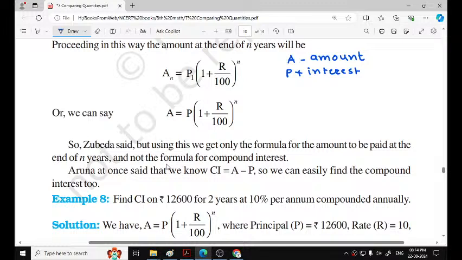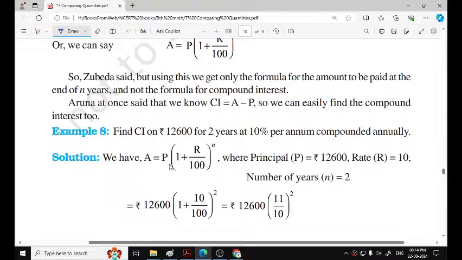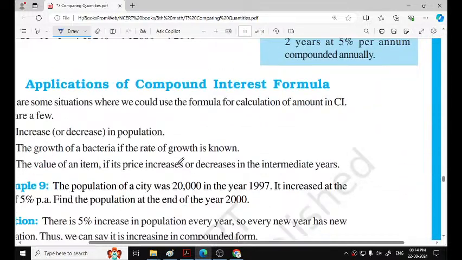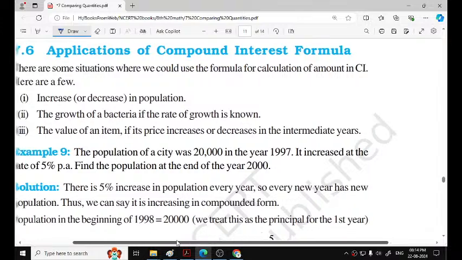So by using this formula, we get the amount after N number of years at the rate of R, and the principal is P. Now if we want to calculate compound interest, then we can subtract principal from the amount value. What are the applications of the compound interest formula?